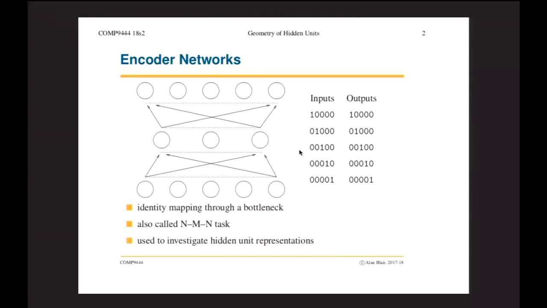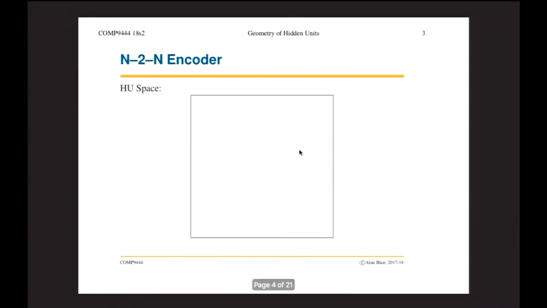So we have 5 different training items, and there's no difference here between the training and the test set. In each case, one input node is equal to 1 and everything else is equal to 0. And then the output is the same as the input.